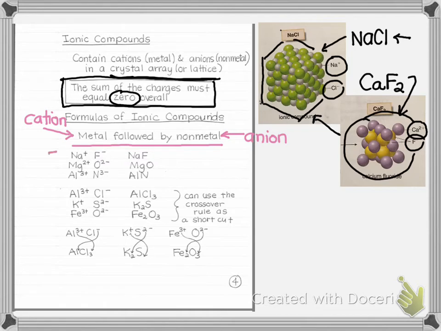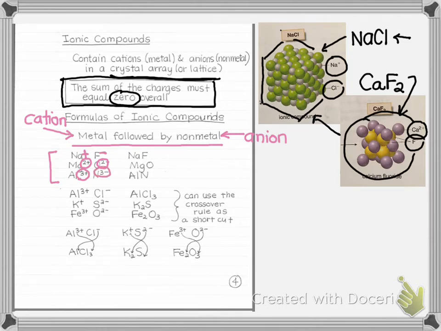Now look at these first three examples. We have Na with a plus and F with a minus, and we get NaF. Mg with a 2 plus, O with a 2 minus, and we get MgO. Al3 plus and N3 minus, and we get AlN.